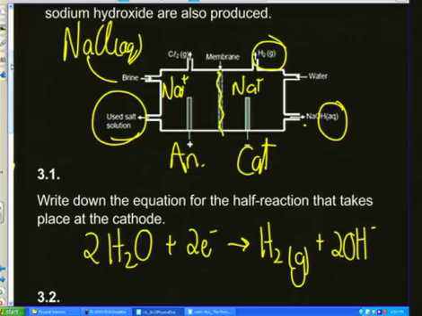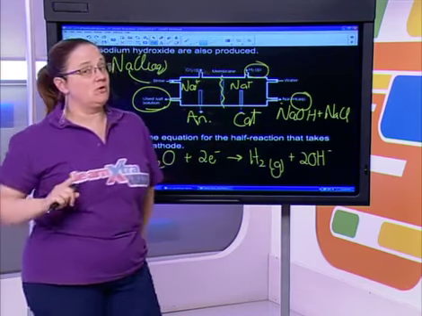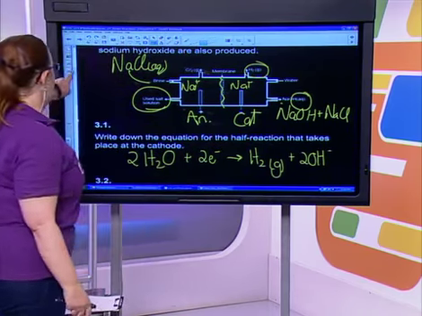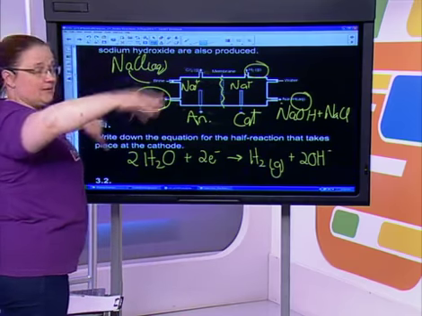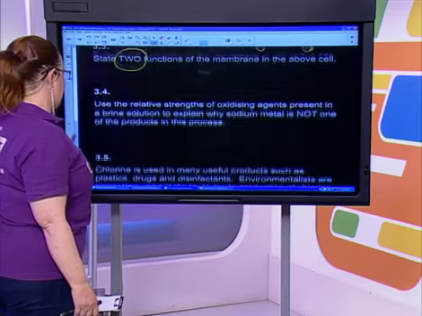It wouldn't be a nice pure solution, so we would end up with sodium hydroxide and salt coming out, which doesn't really help us because then we have the added expense of having to separate them again, so it has to go through another process before I can put the sodium chloride back through the system. So it separates them, allows the migration of the cations, the positive ions, and keeps my products separate.